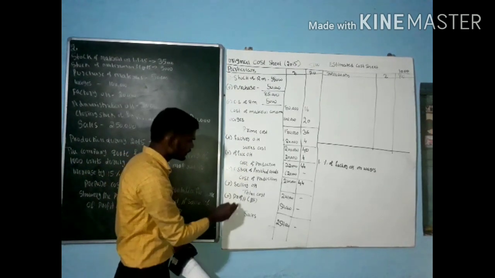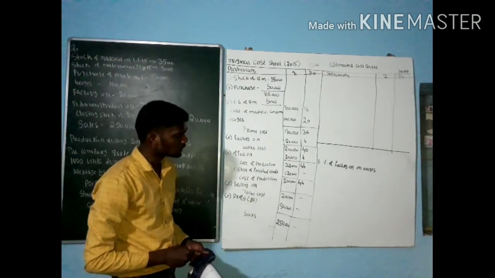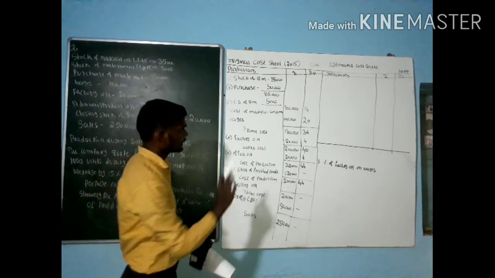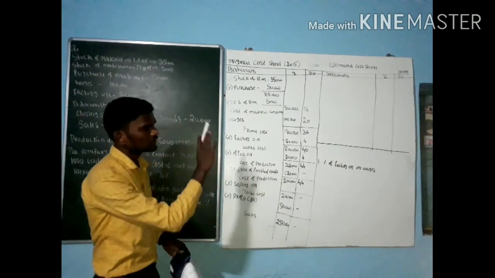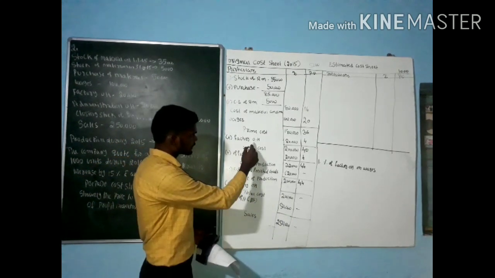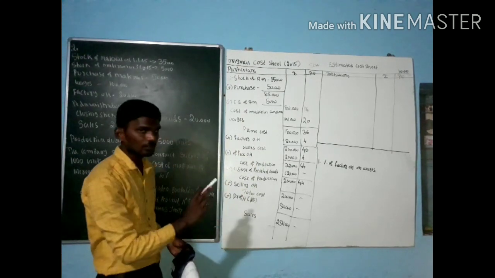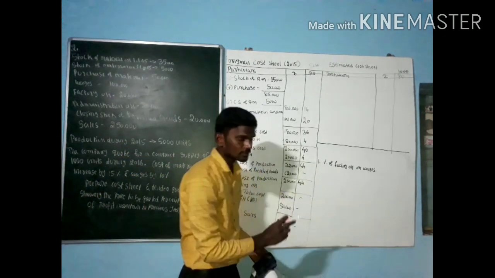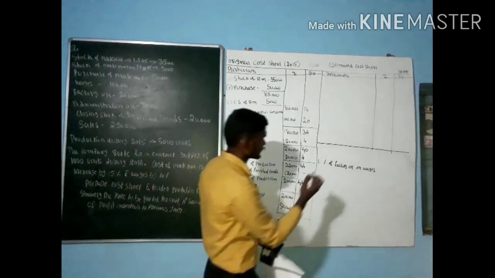The remaining information we need to identify by using the original cost sheet, using some formulas. Again I am telling, till prime cost the problem itself gives information for the estimated cost sheet. From the prime cost, for factory overhead, office overhead and selling overhead, we need to use percentages by using the formulas. First one is the percentage of factory overhead on wages.